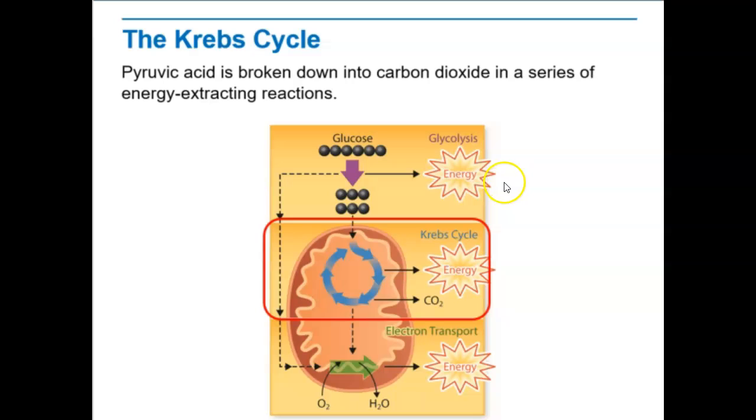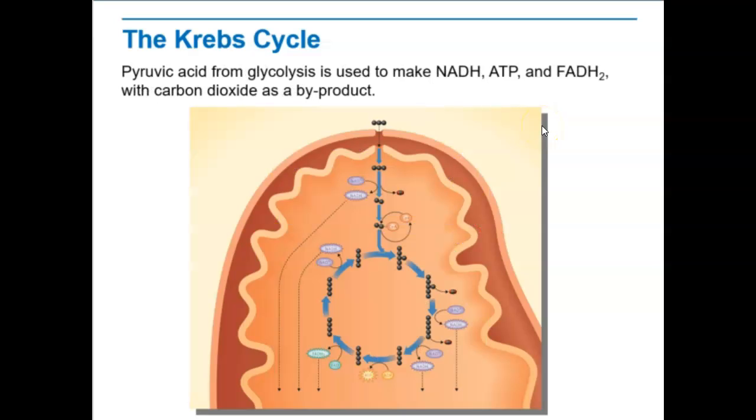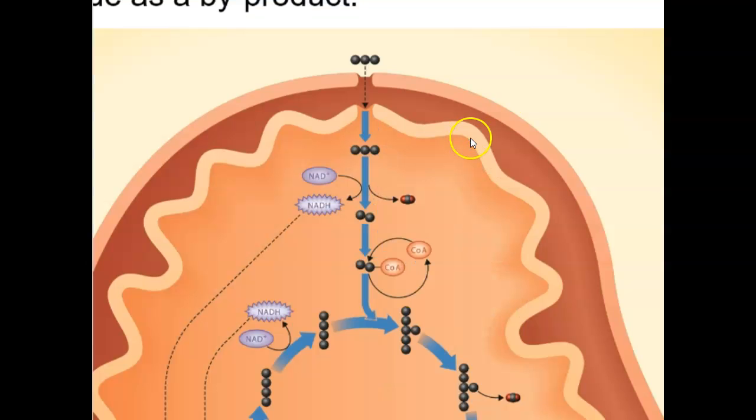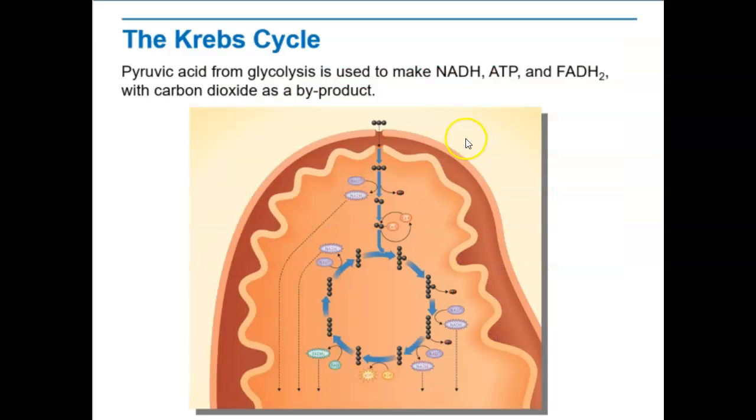All right, so let's go here. So pyruvic acid is broken down to carbon dioxide. Let's see a blow up of the actual process. So pyruvic acid from glycolysis is used to make NADH, ATP, FADH2 with carbon dioxide as a byproduct. So you can see here, these are those NADHs, here's the ATP.